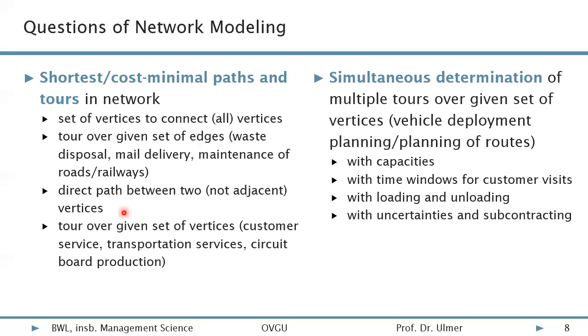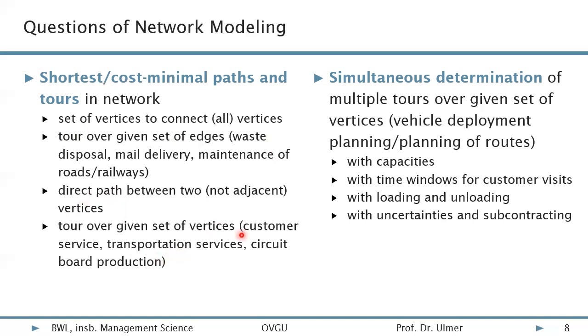Or a tour over a given set of vertices. This is a classical problem, traveling salesperson problem, vehicle routing problem, where we have to visit a subset of vertices, a subset of locations cost efficiently. So different questions in our network.